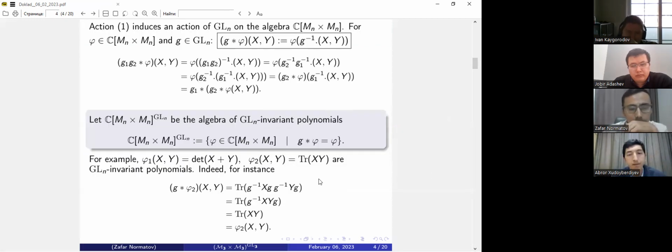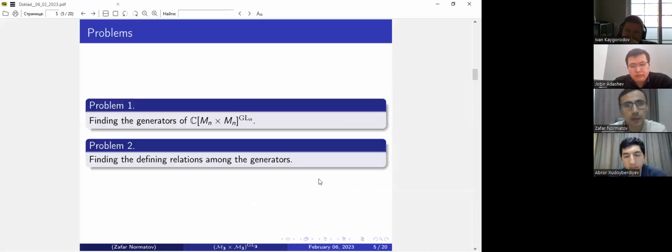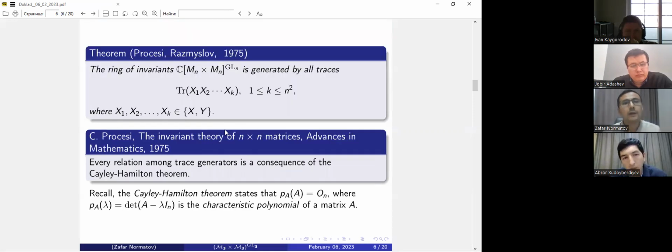Okay, and to study the algebra of GLN invariant polynomials, actually two problems are considered. The first problem is finding the generators of this algebra, and the second problem is finding the defining relations among the generators. So we have the following two well-known results. In 1975, Procesi proved the theorem, independently also Razmyslov.